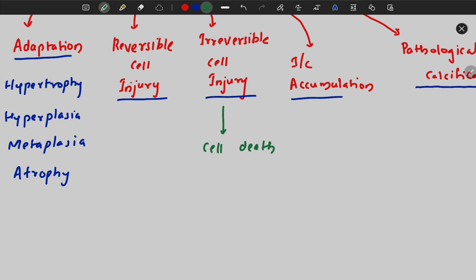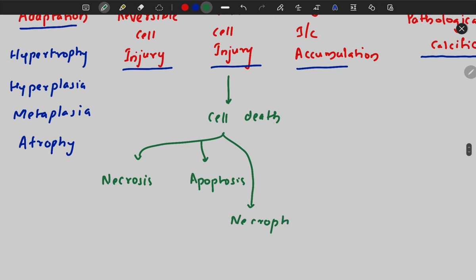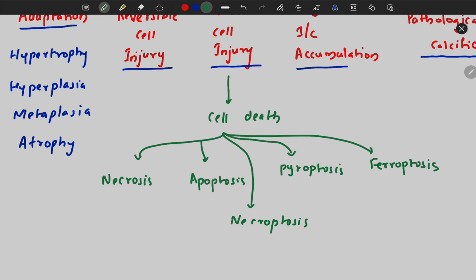Cell death can occur by various mechanisms: necrosis, apoptosis, necroptosis, pyroptosis, and even ferroptosis.